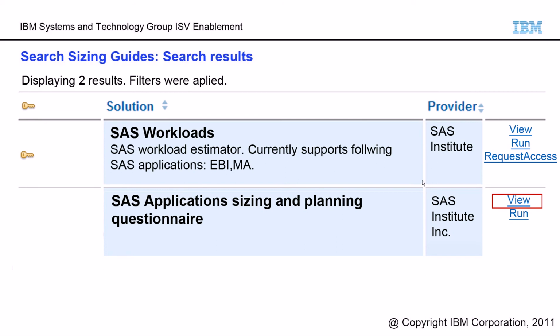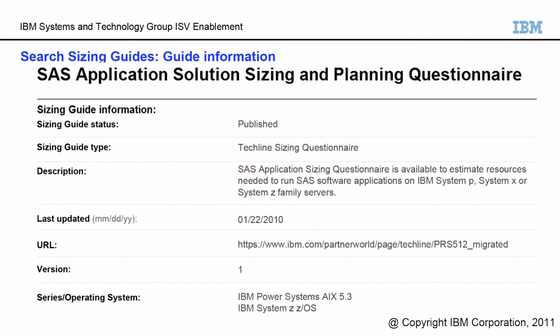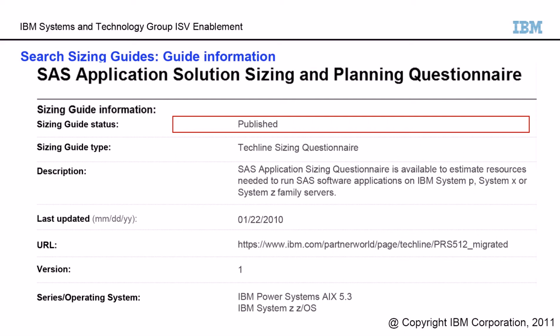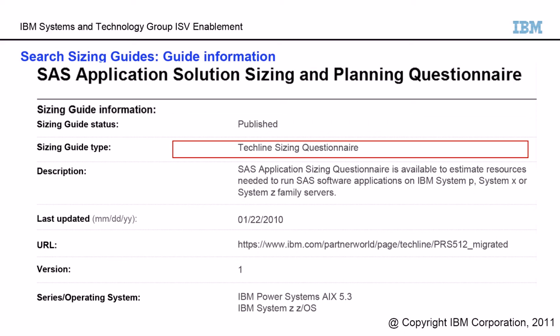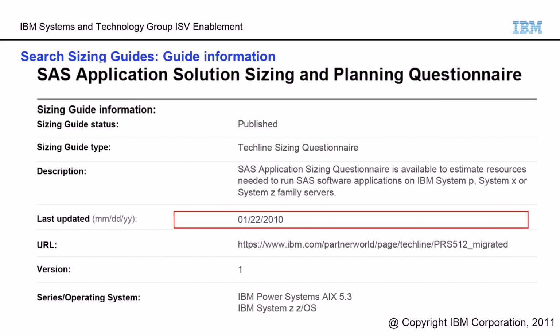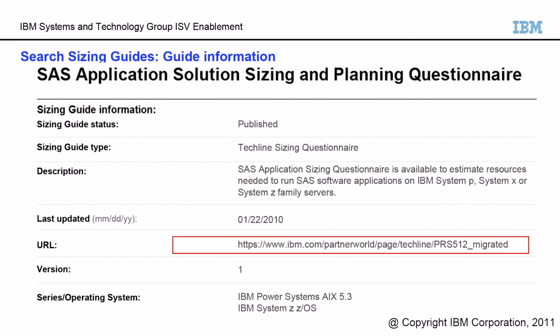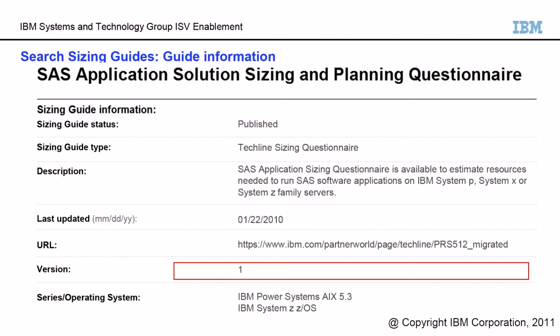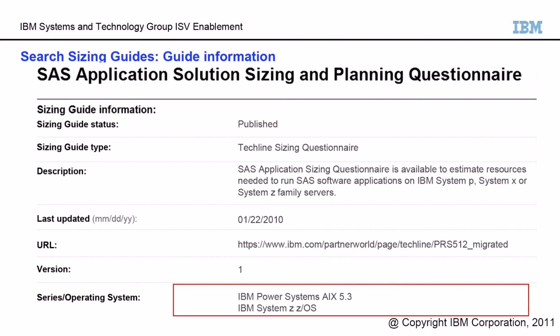If you click View, a summary of the sizing guide information is shown. The sizing guide information includes the status indicating the availability, the type specifying whether the sizing guide is public, private, and so on, a detailed description, the date when last updated, the URL to run the sizing guide, the version, and the supported operating systems such as IBM AIX, IBM i, Microsoft Windows, and Linux.